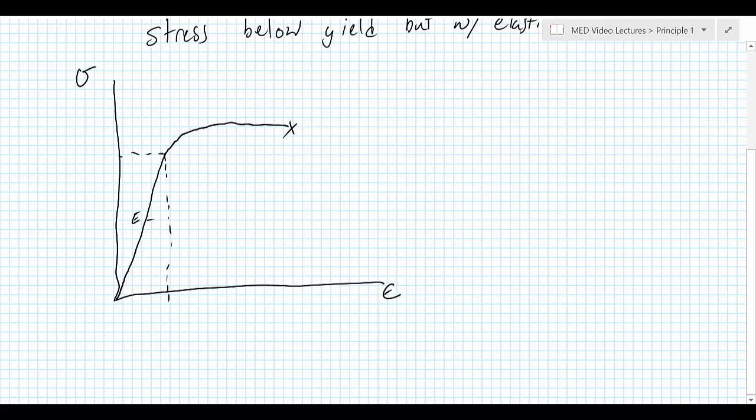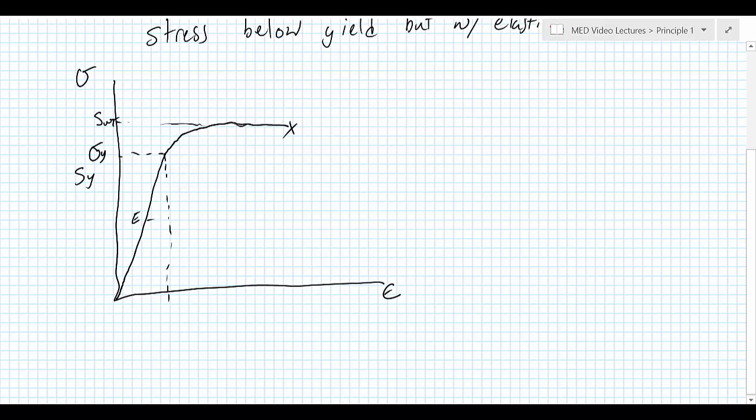And the point where that is no longer true is called the yield strength. It might be called sigma yield, or it might also be called yield strength with the S_Y. There's another point, the highest stress that you can put this material under, which is called the ultimate strength.